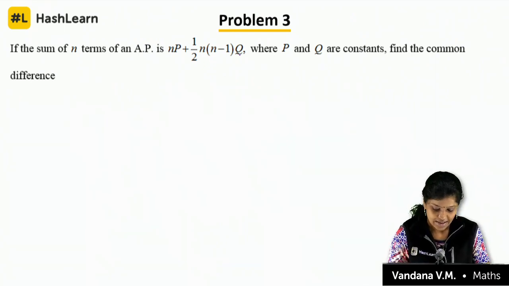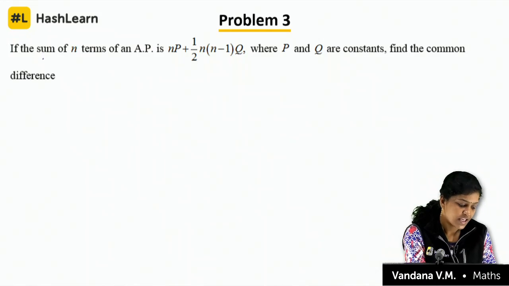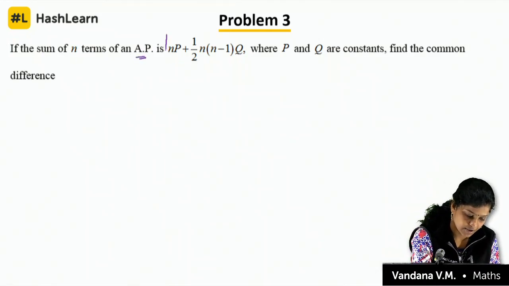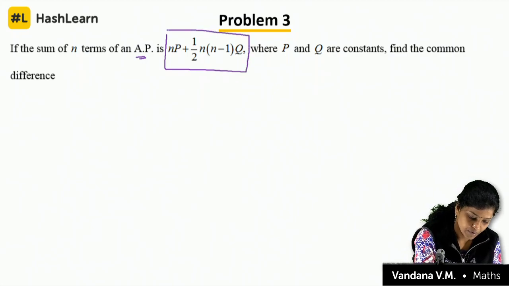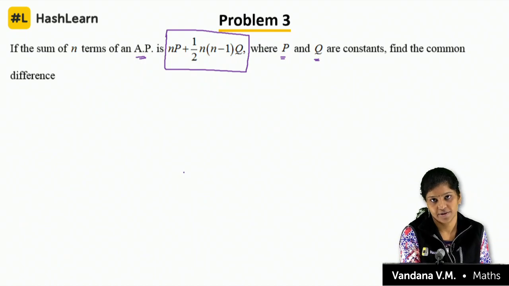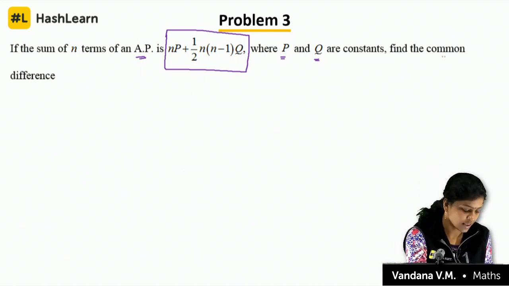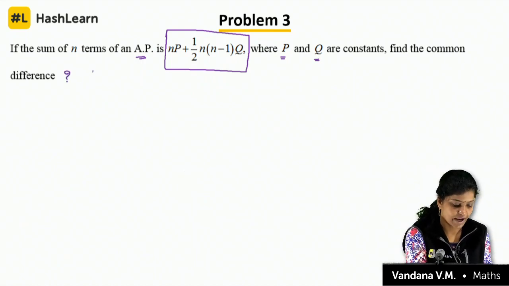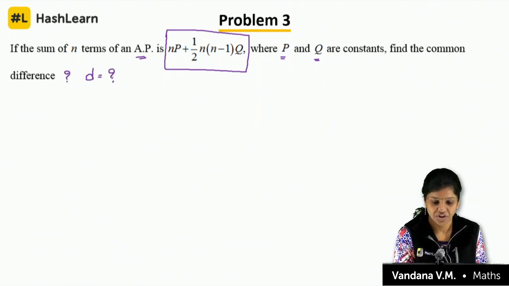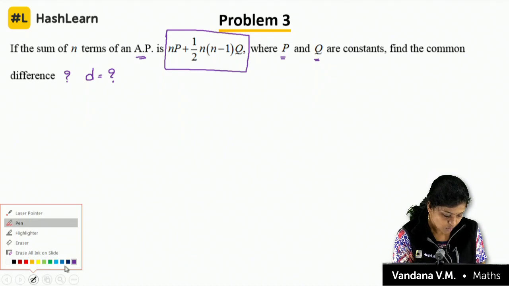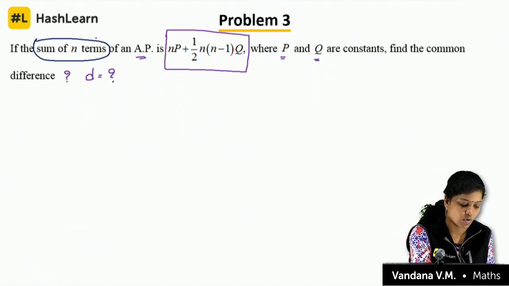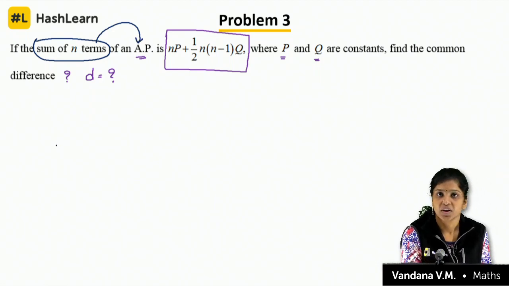Yes. Next question. If the sum of n terms of AP is this, where P and Q are constants, find the common difference. I have to find out the d value. Fine, children. What is the given information? The sum of n terms of AP.